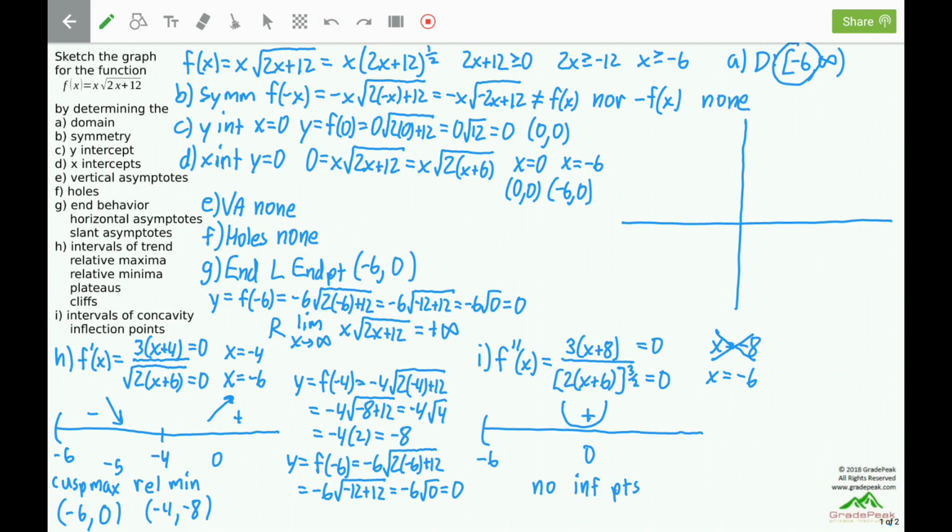So we can put that on the graph and label it. We have no symmetry. We have a y-intercept of the origin, and that will also be one of the x-intercepts because it's crossing both axes. So it's going to cross here at the origin. We can label that.